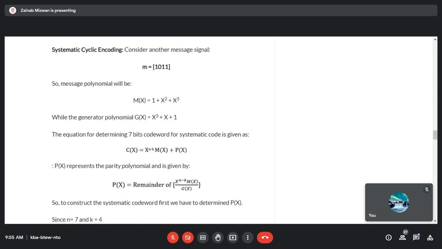Hello, ma'am. Ma'am, in g of x, the generator polynomial, shouldn't its last term be n minus k minus 1? किसका? For generator polynomial. See, why is the generator polynomial given as x cube plus x plus 1?